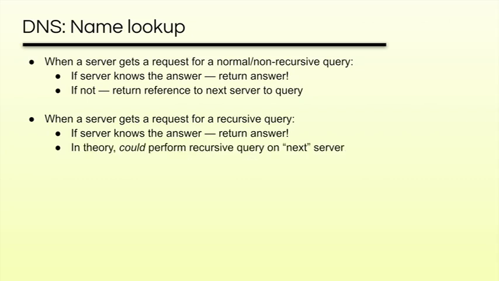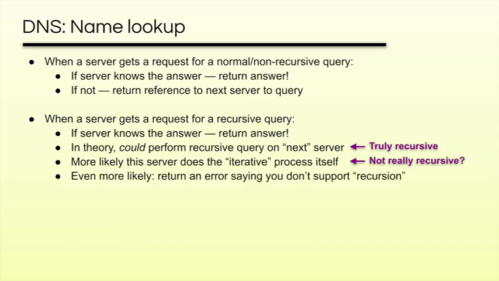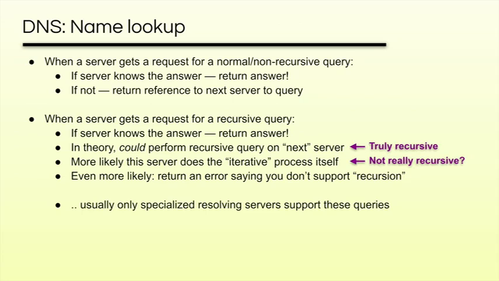And in theory, it could perform a recursive query on the next server, but it's more likely that this server does the iterative process itself. And so that would be truly recursive. This one would be not really recursive. And it's even more likely that it's just going to return an error saying that it doesn't support recursion, because usually it's only these specialized resolving servers that actually support recursive queries.